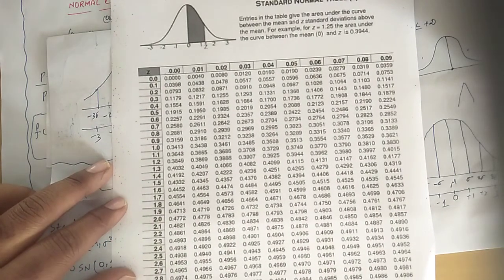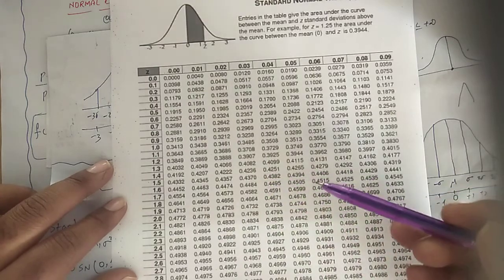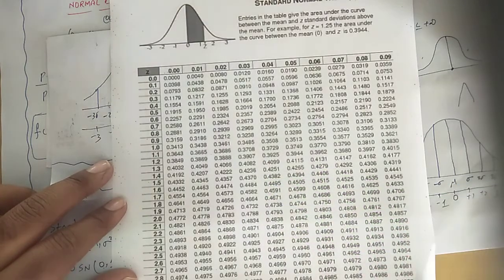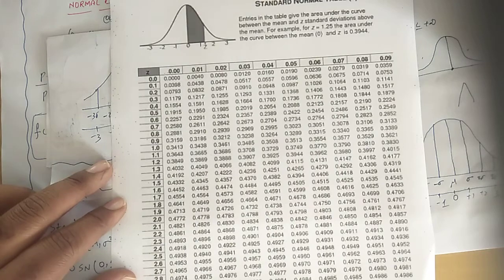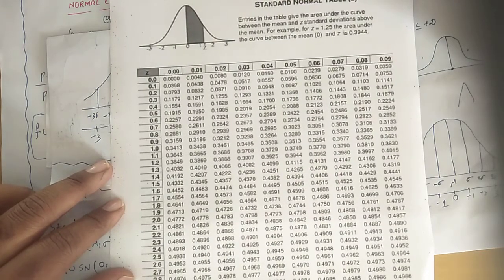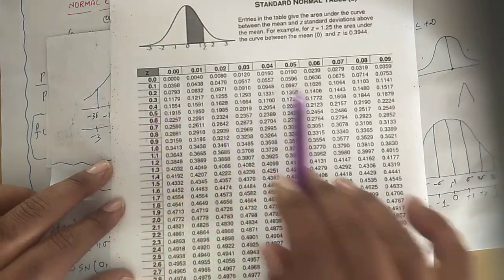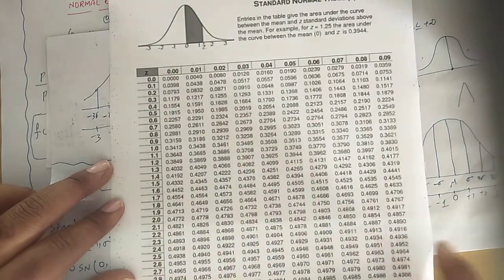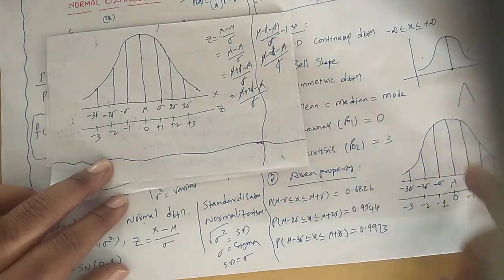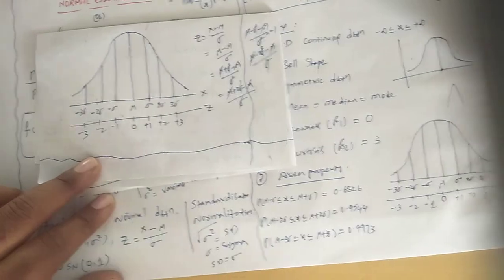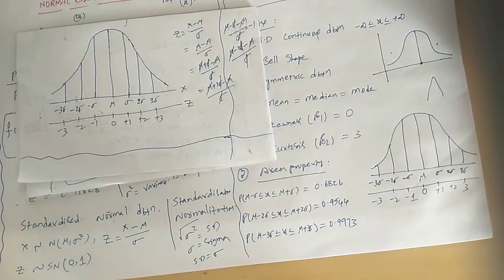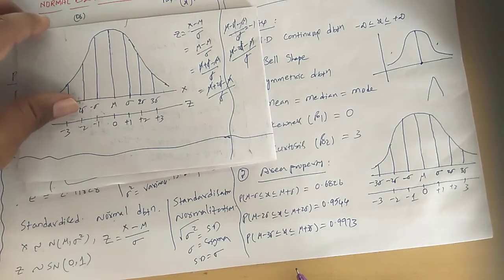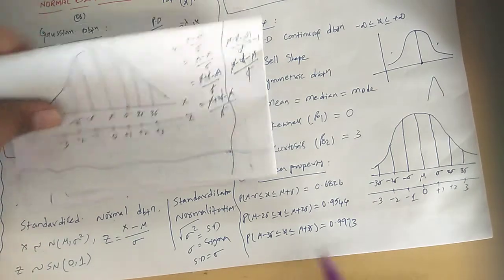In the problems, we are just reading out the required probability values, substituting, and getting the answer, just like logarithmic tables. But here my intention is to show you how all these values are calculated. The mechanism behind this table is nothing but this. So this is the area property. That's why this is a very, very important discussion.